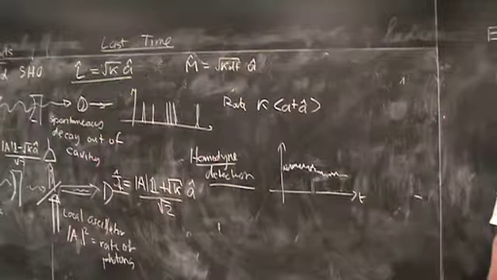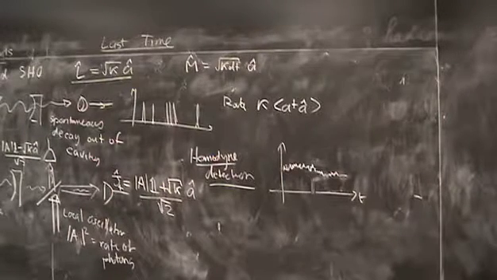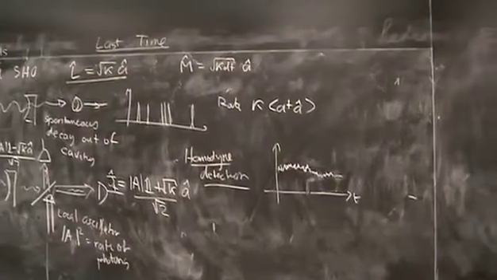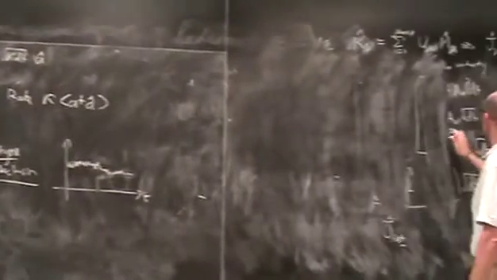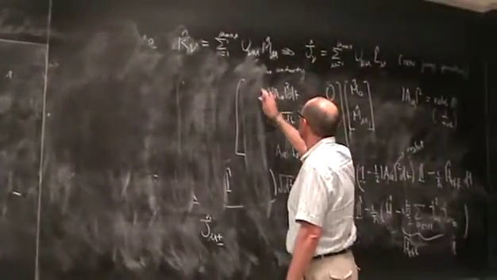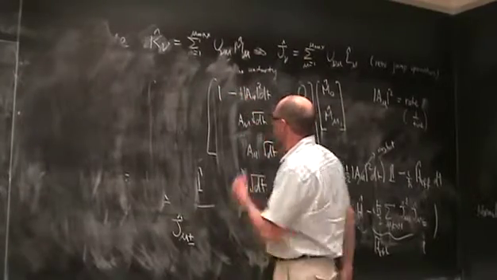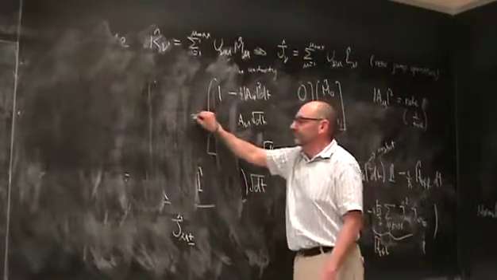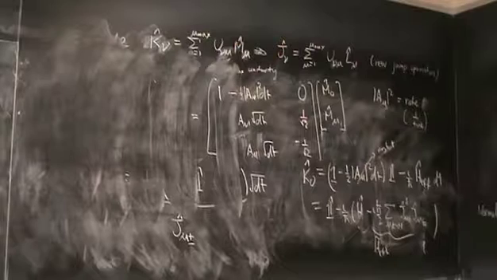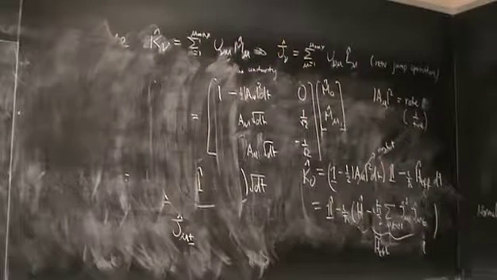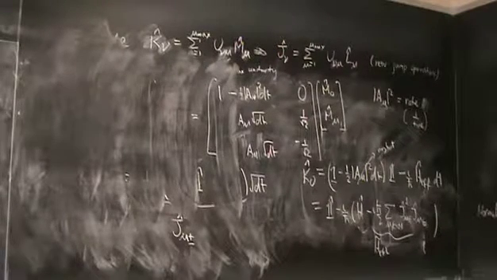Can I ask a question? You can. So before you did this, with the remixing, there was one Kraus operator which was proportional to the identity. It's never proportional to the identity, it's near identity.